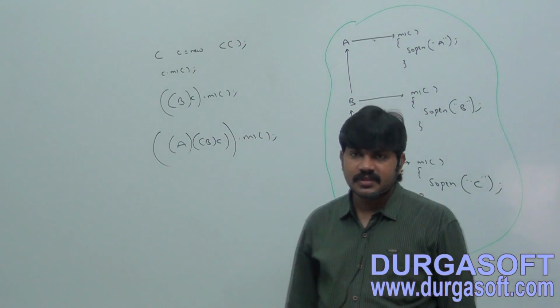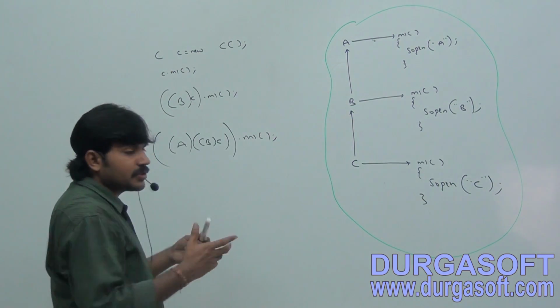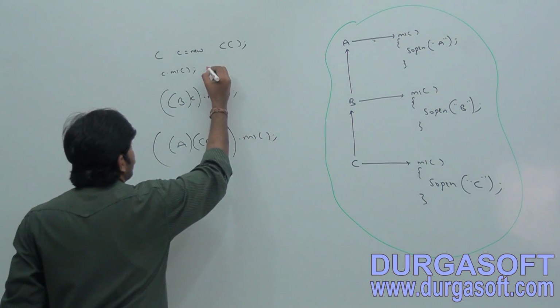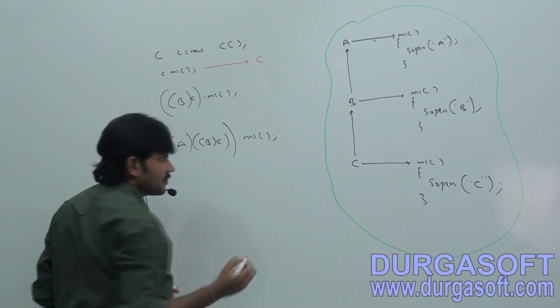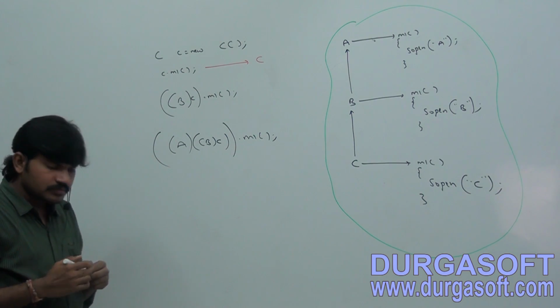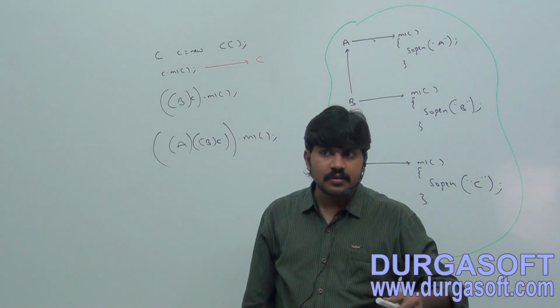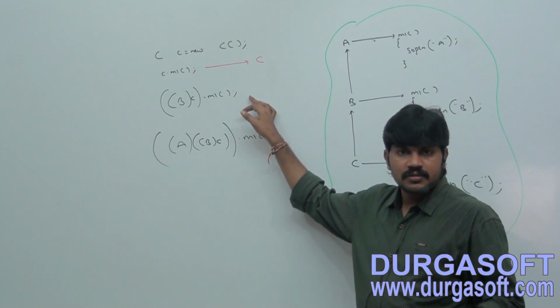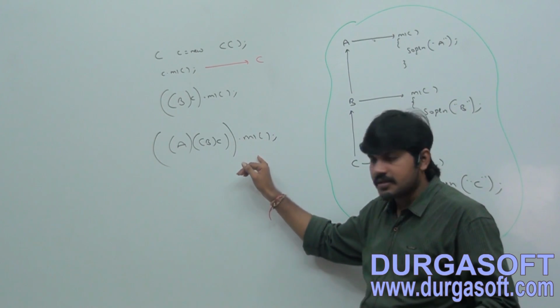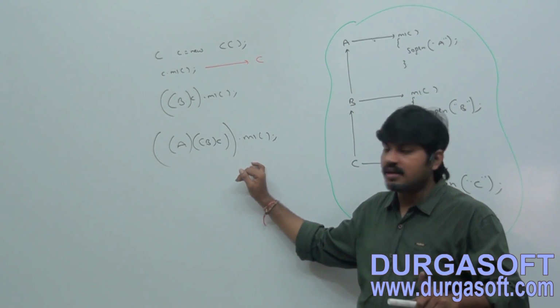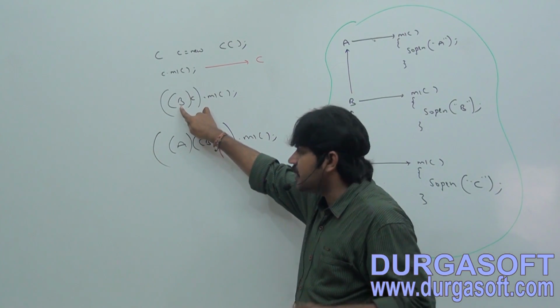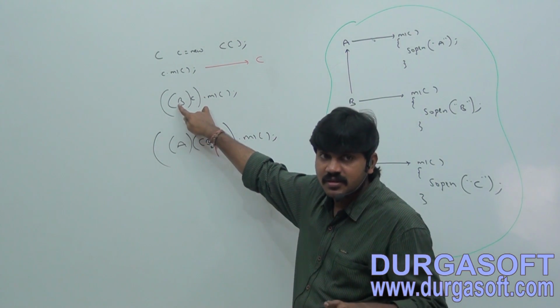First case: child reference, child object, child method. Yes, C is the answer. Second case? C only. Third case? C only. Because here the B reference, but the runtime object is C type only.